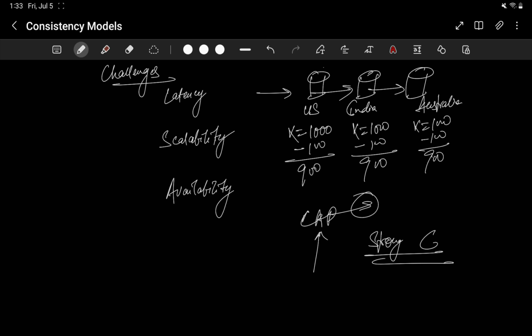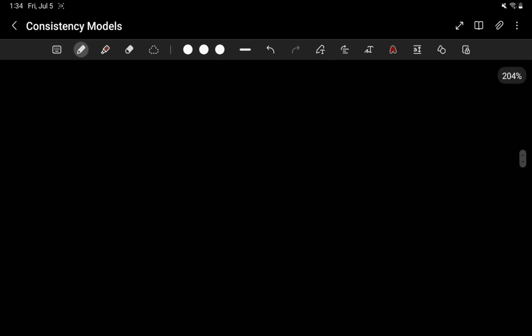Okay, good. Now, next, let's talk about eventual consistency.